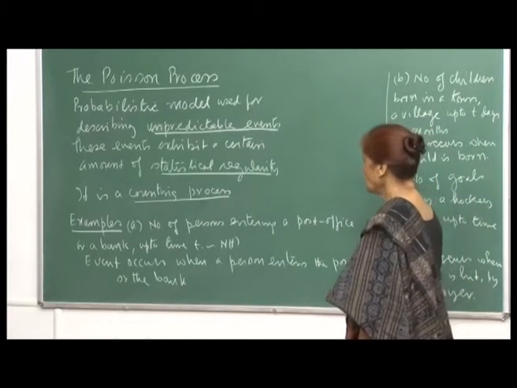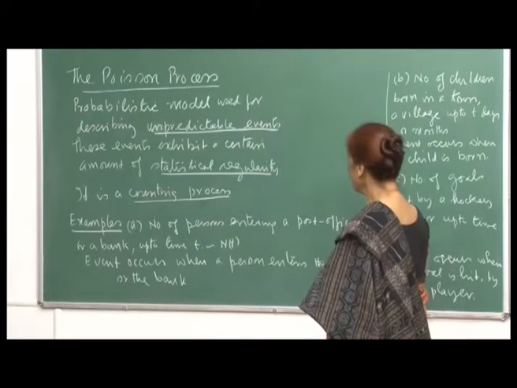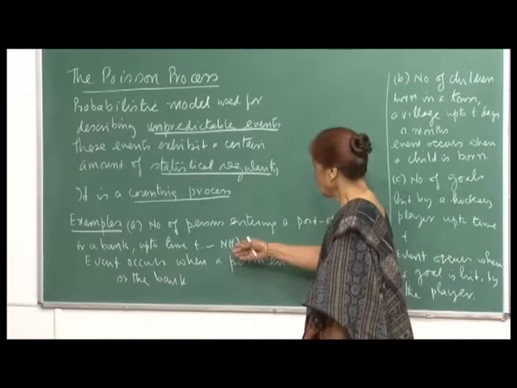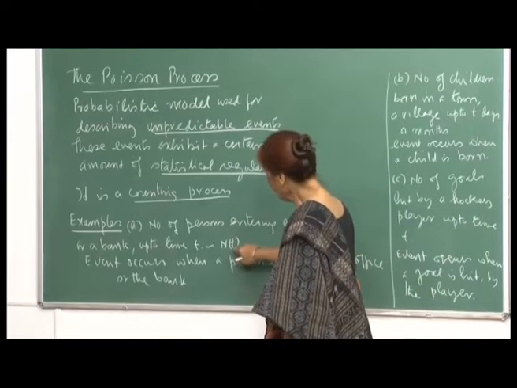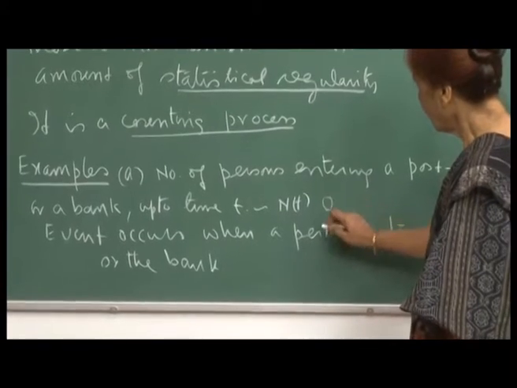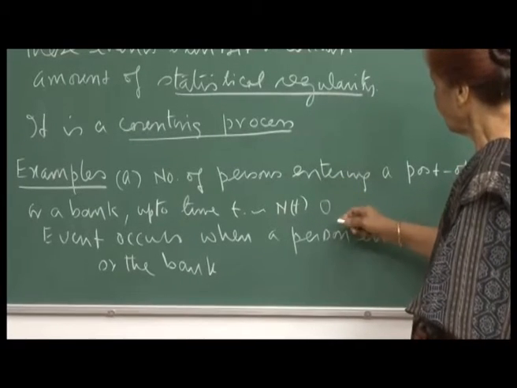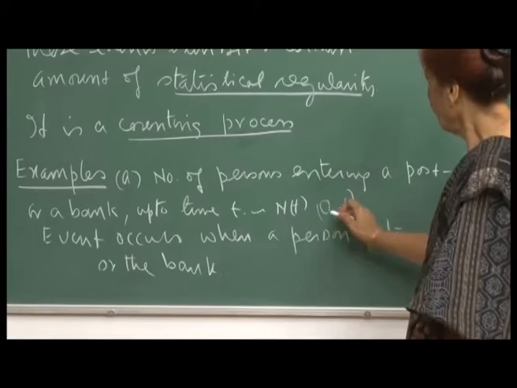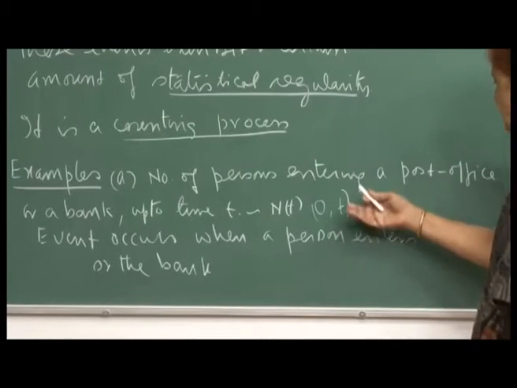Okay. Now, the examples, as I said, are the number of persons entering a post office or a bank up to time t. When I say N(t), the time to start counting the events starts at 0 and goes up to time t. So, we count the number of events that take place.